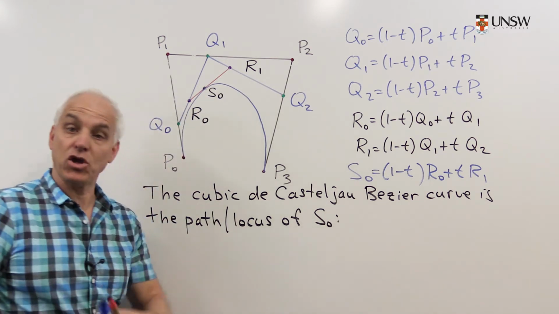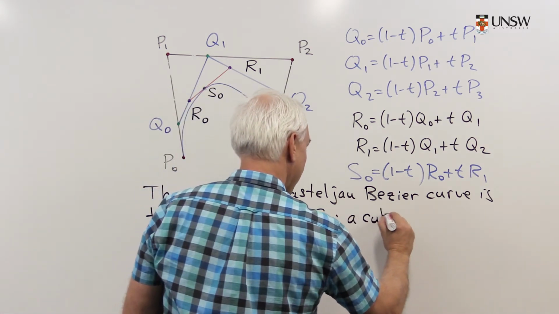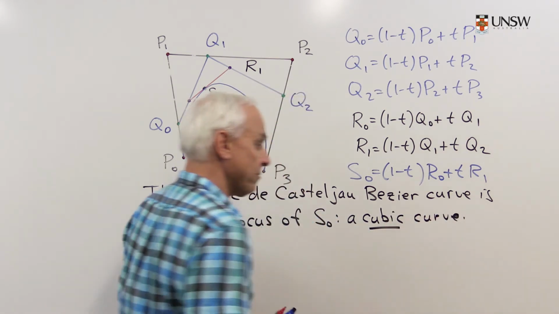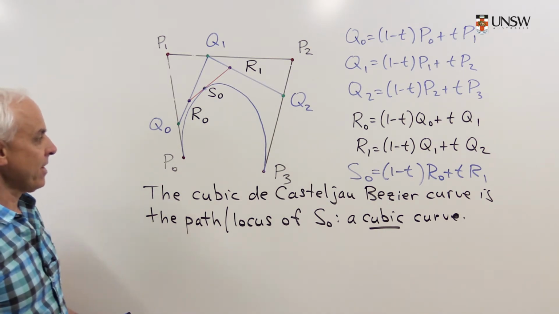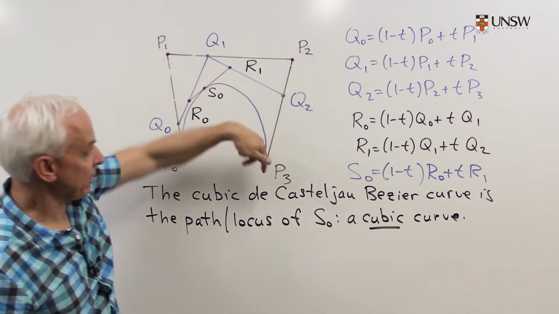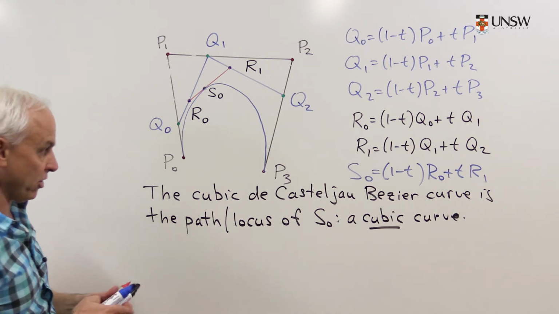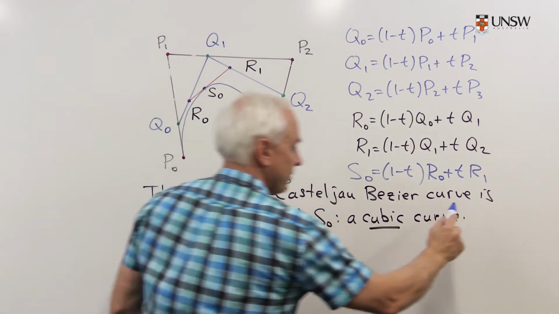And it's generally a cubic curve, given by a degree 3 polynomial in x and y. And these 4 points, P0, P1, P2, and P3, are called the control points of that cubic curve. Let's give that curve a name. Let's call it, say, C.